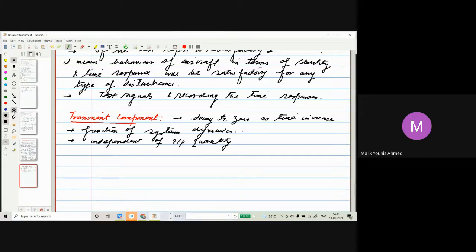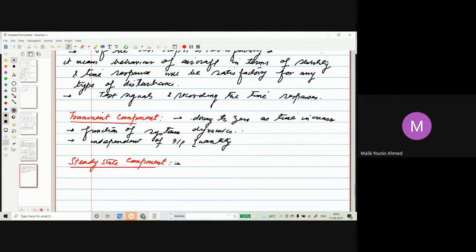Now, the second component is the steady state component.